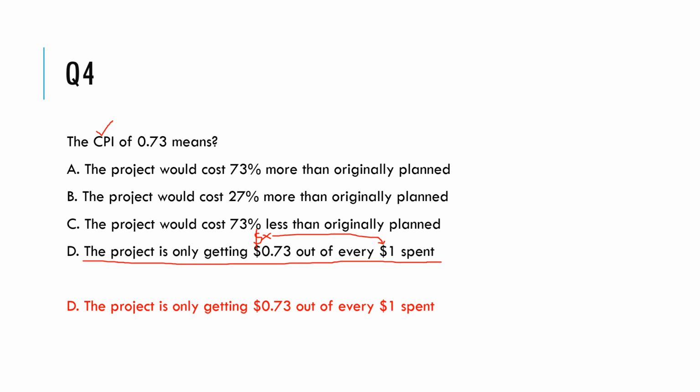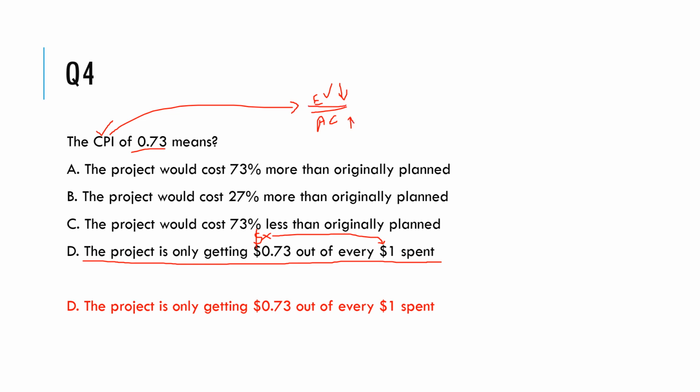But let's say you don't know this, then you can do one other thing, which is apply the formula for CPI. The formula for CPI is EV divided by AC. When you divide EV by AC and you get the answer 0.73, it clearly means that EV is less than AC. That's why you're getting a value which is less than 1.